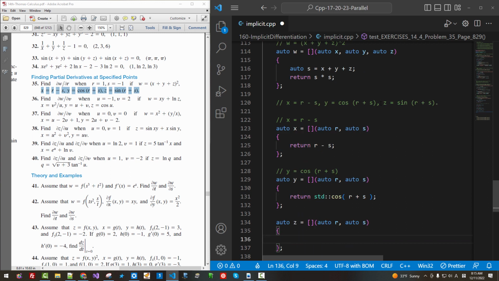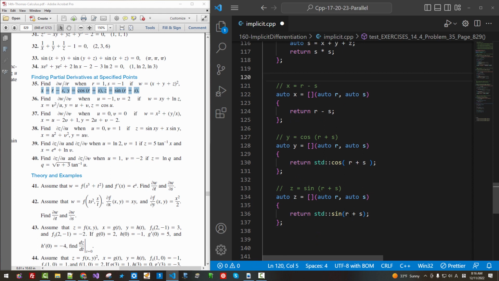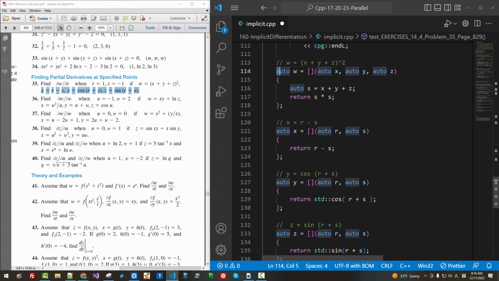Semicolon. We define Z like this. Return SED sine R plus S. So we defined here function W, then variable X. X is a function of R and S. Variable Y is a function of R and S, defined like this.